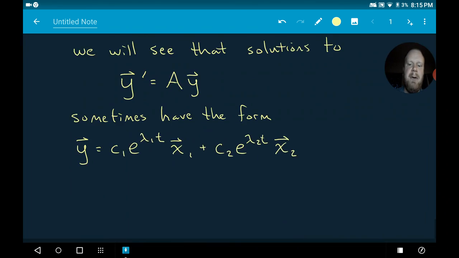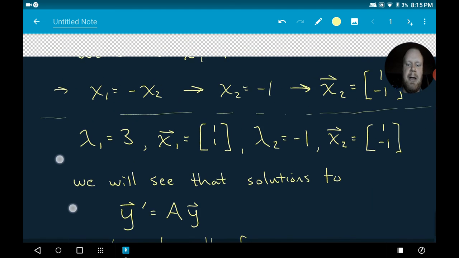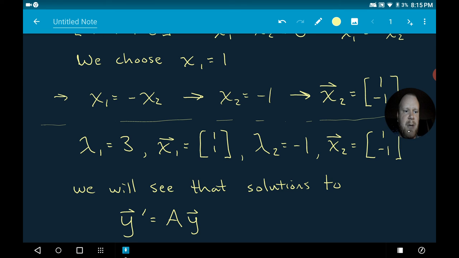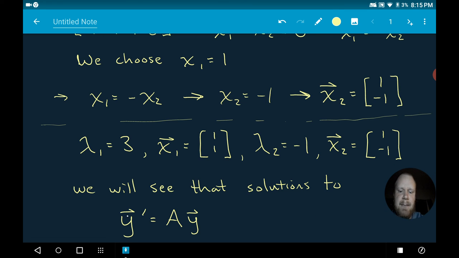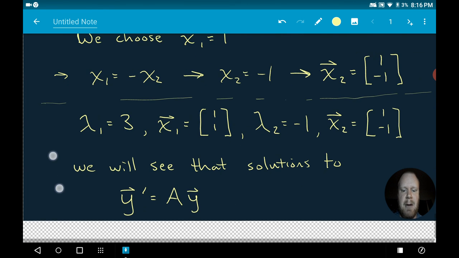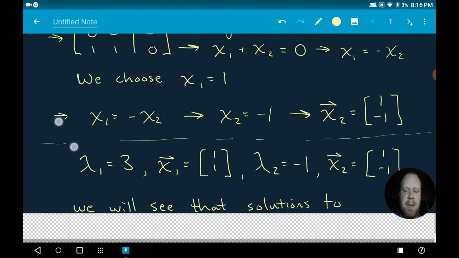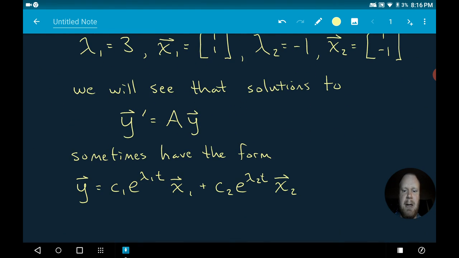Okay, so just as a preview of what this will look like when we start solving differential equations, the type of differential equations that we're going to be solving look like this. So we'll have a y prime vector is equal to some matrix times a y vector. And our solutions to this differential equation system are always going to be a vector. So just like when we solve for y in chapter 2, we're going to solve for y vector here.